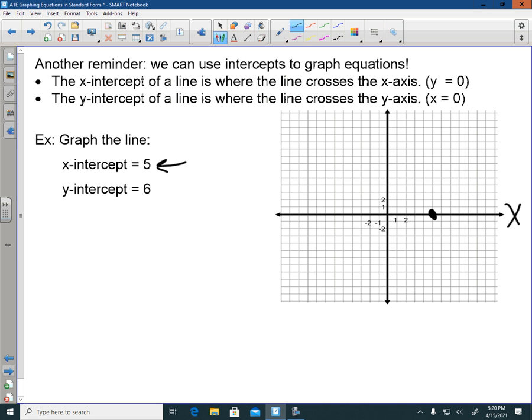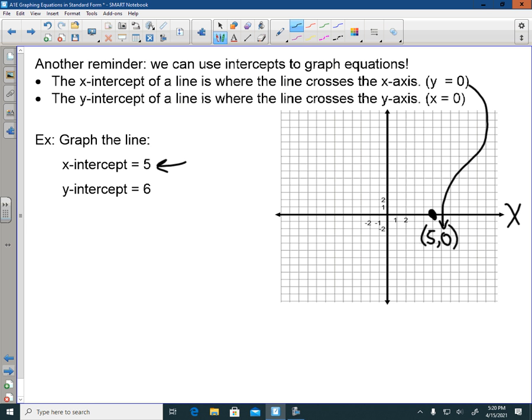That point has coordinates: 5, because it's 5 away from the origin to the right. But then to get the y value, we notice that this point doesn't go anywhere up or down on the y-axis, and so the y value of this point is 0, and that's where I get this idea.